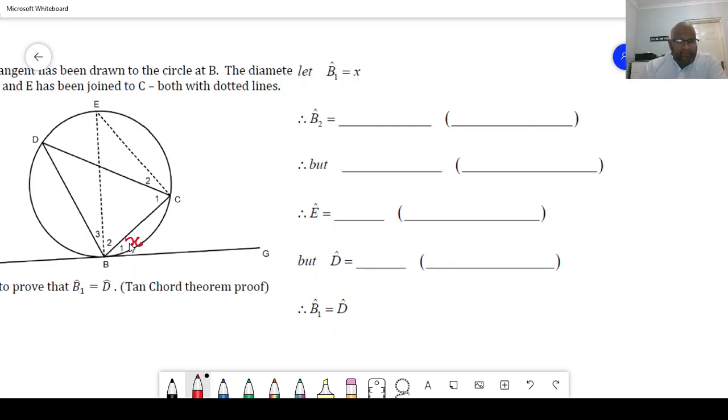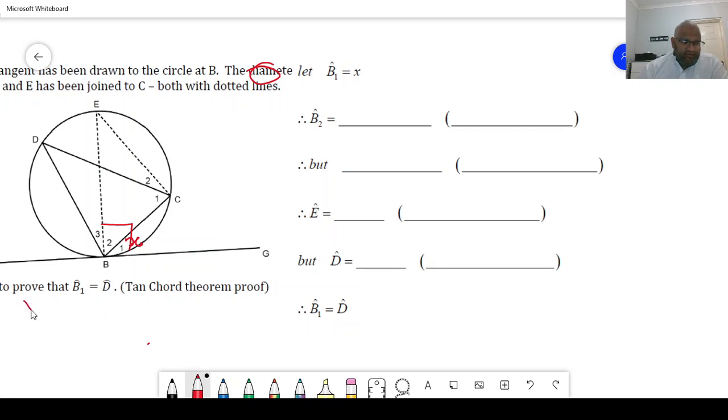Okay, if B1 is equal to x, what is B2 then equal to? Okay, so you see here, this is your diameter, this is a tangent, so the diameter stands at 90 degrees to the tangent. Okay, so if this angle B1 and B2, the combination thereof, is making an angle of 90 degrees, then B2 has to be 90 minus x.